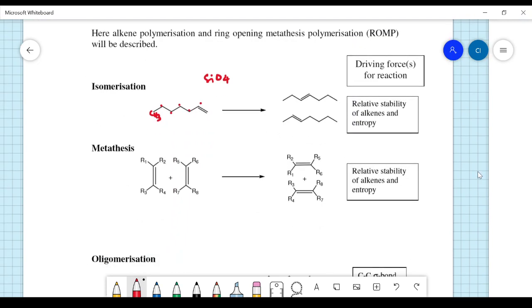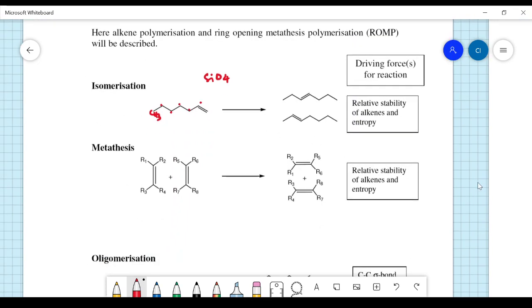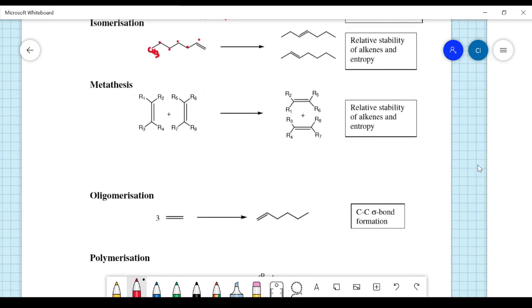So the difference between isomerization and oligomerization is very clearly given here. You can see that in the oligomerization, three units are being used there, and these are getting repeated, and some ring opening, some bond deformation and formation of some other bonds is also there. So that is what is mentioned there. So you have to take care of what is meant by oligomerization, what is meant by isomerization.